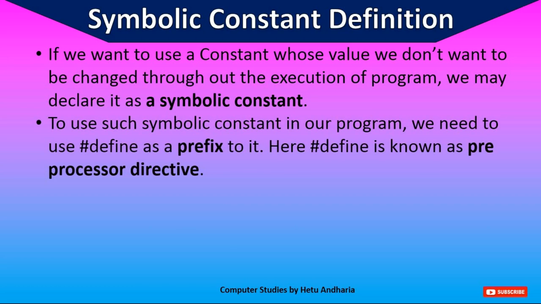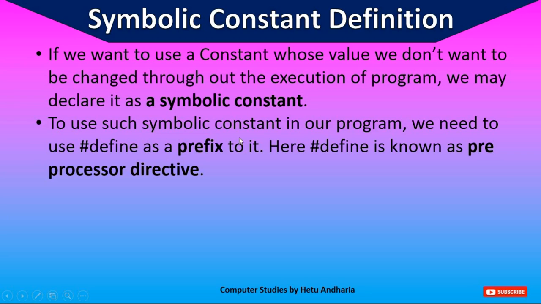I give you an example. If you want to find the circumference, you need to use 3.14, that is pi. In maths you have learned pi. So you can declare a constant named pi, and assign a value to it, that is 3.14. Then whenever you type pi, it will understand that it is 3.14.